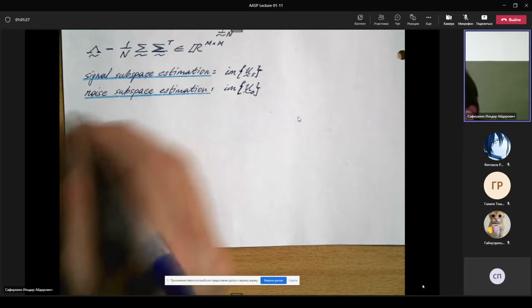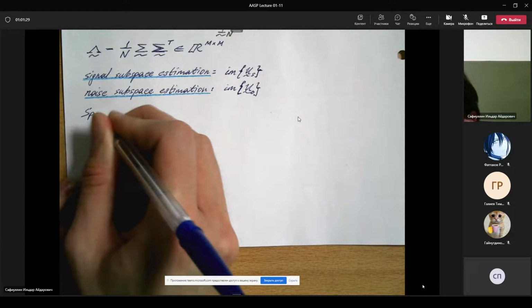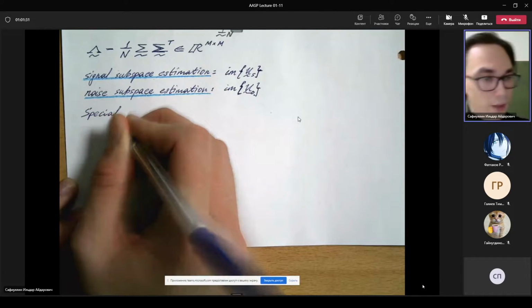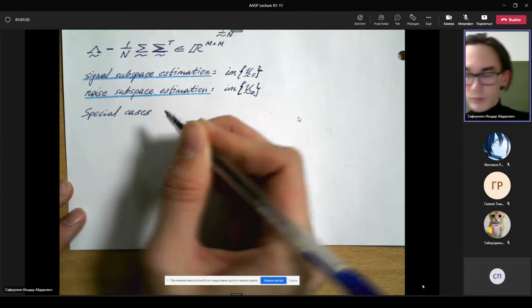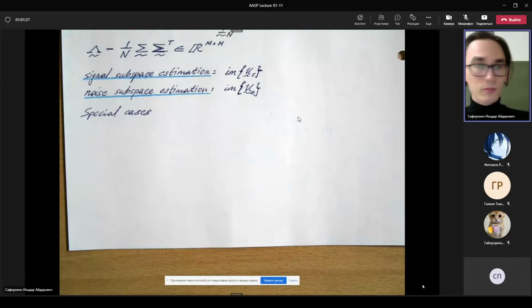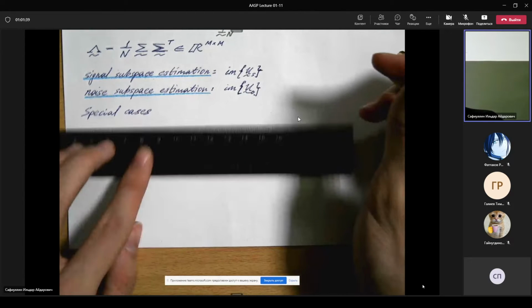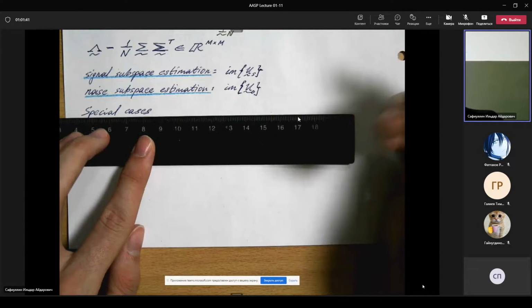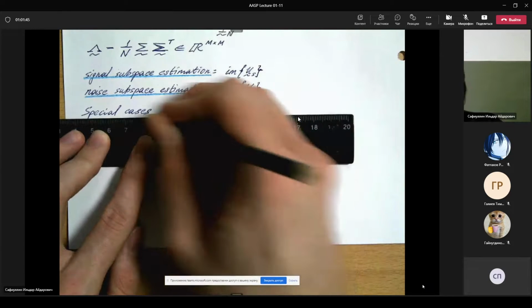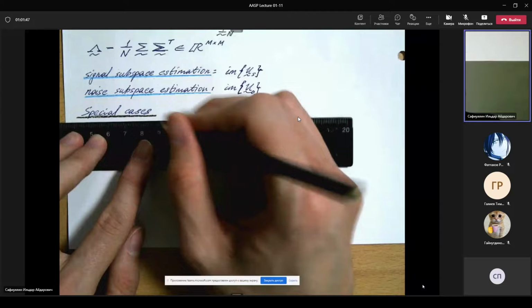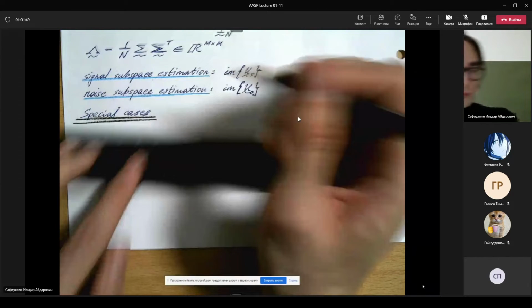So here we write special cases. As I said before, it is only to see the differences between estimation and the original subspaces.